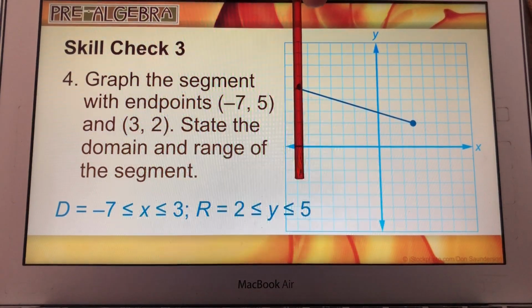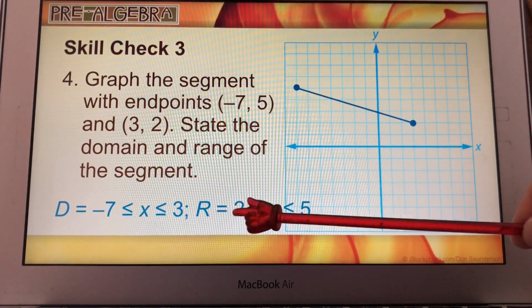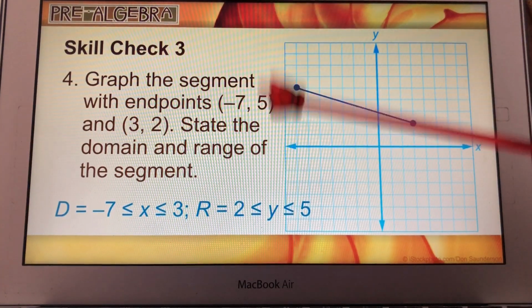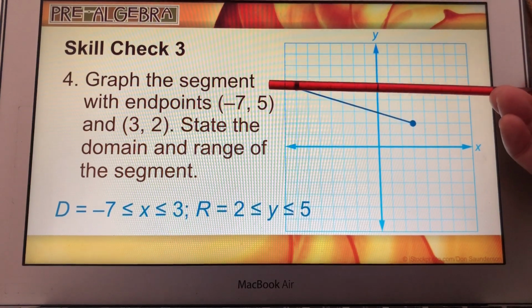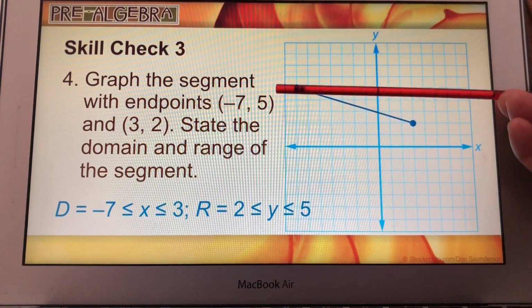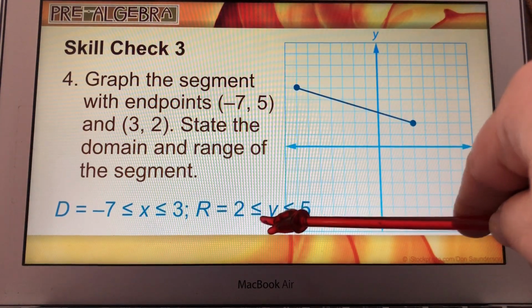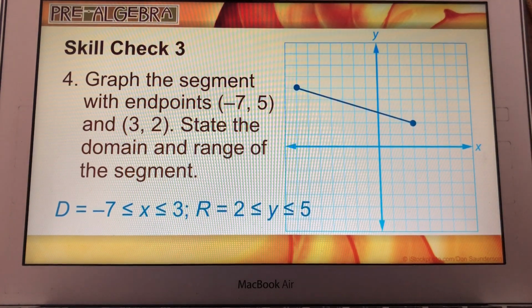So it's between -7 and 3. Your range is 2 and 5, right? So it's going to be between 2 and 5, right in between that segment right there. So 2 is less than or equal to y, which is less than or equal to 5.